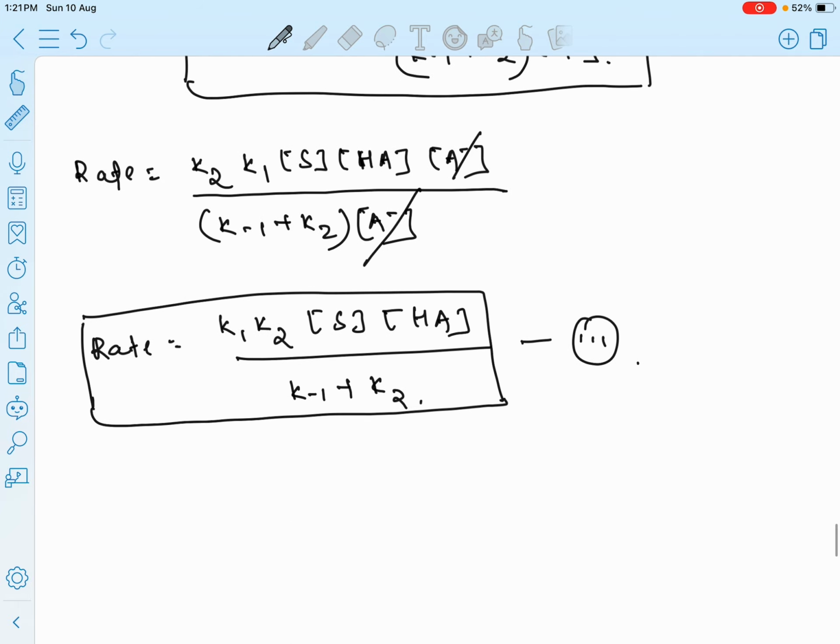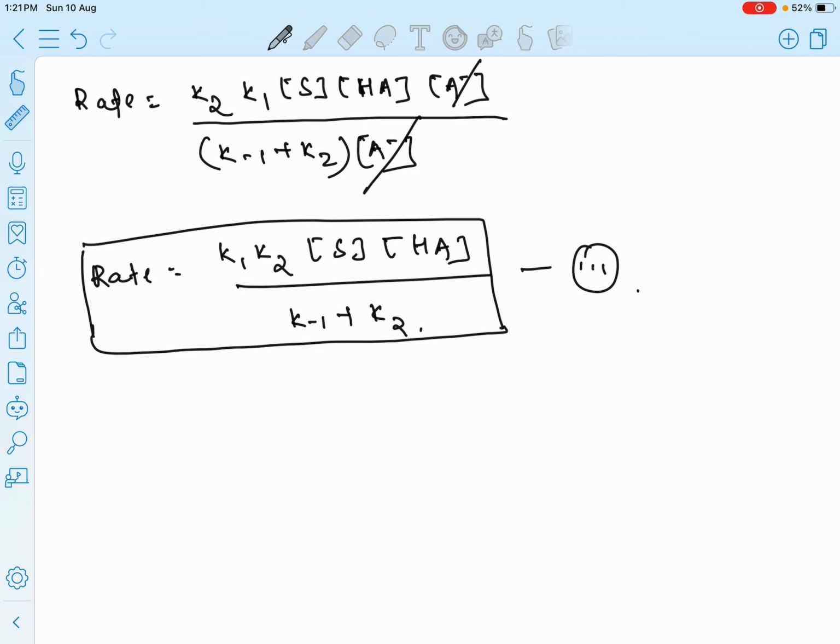So this is all about acid base catalysis reactions. But now, if the rate of the reaction is proportional to the concentration of H plus, then it is said to be a specific acid catalyst reaction.